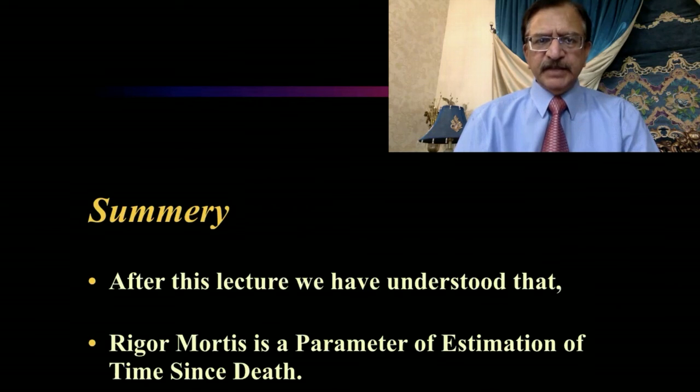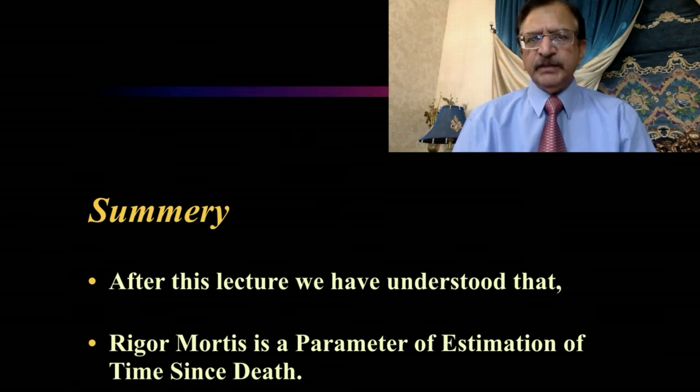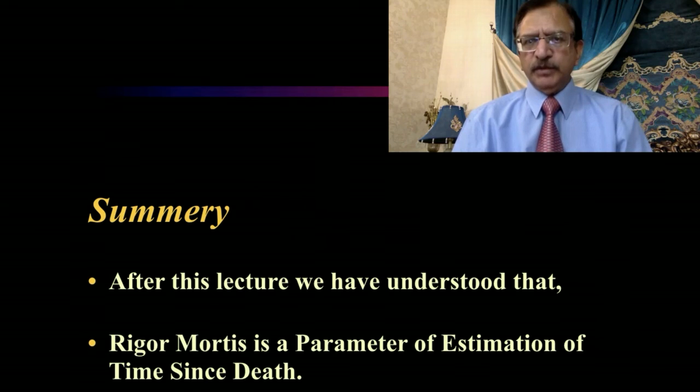The summary of this lecture is that we have understood rigor mortis as a parameter of estimation of time since death. When we want to know whether the body is in full rigor, we simply move its big toe, because that is the last to go into rigor.